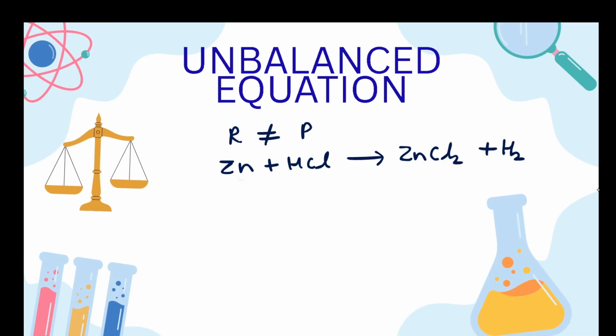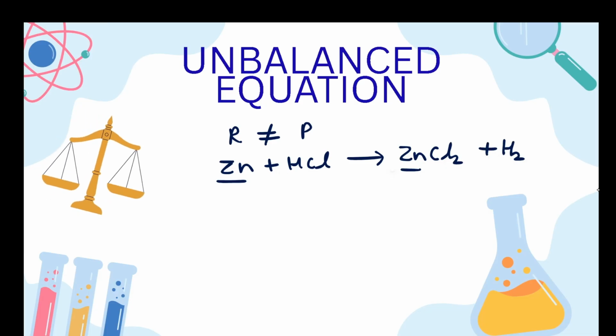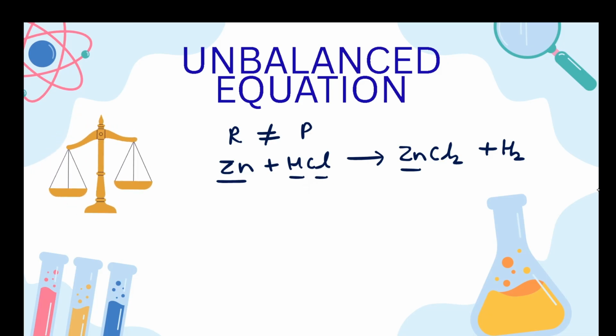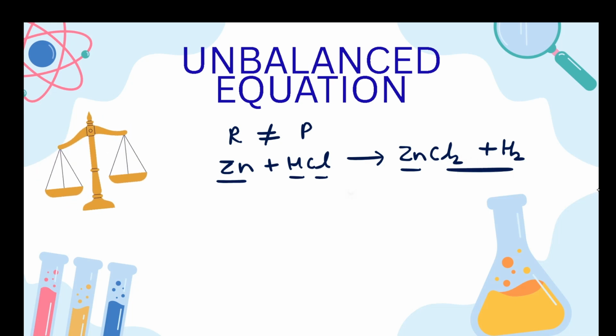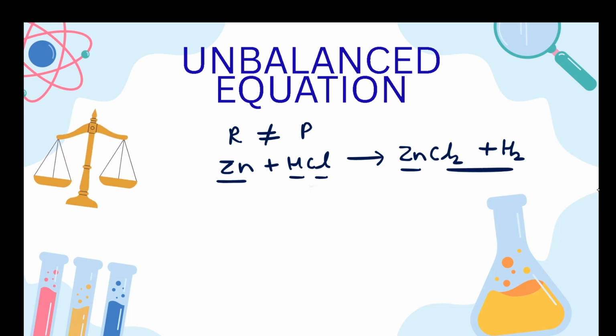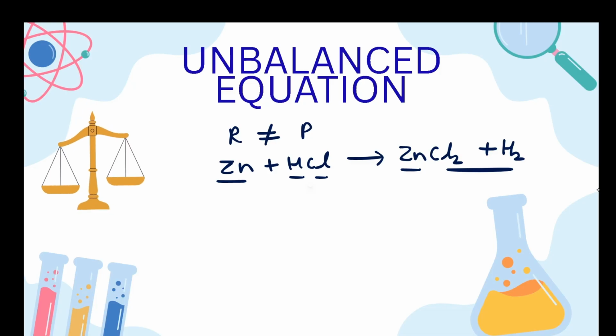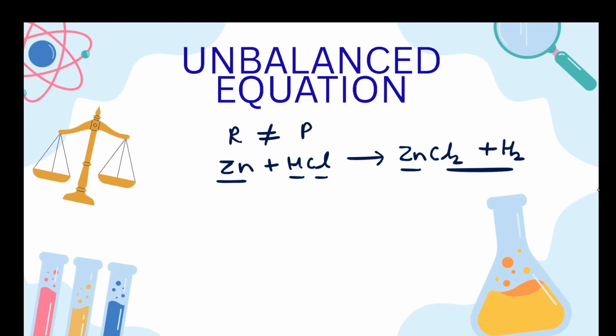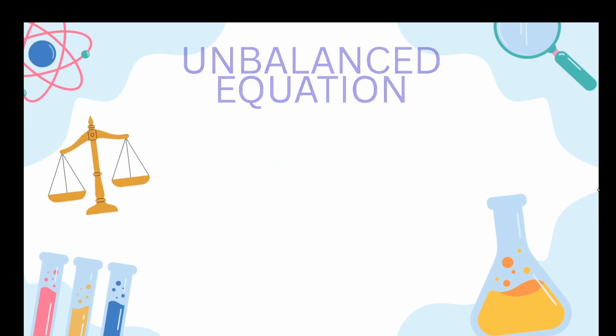Now in this case, zinc is balanced on both sides, but hydrogen and chlorine are not balanced, because in the product side, there are 2 hydrogen and 2 chlorine atoms. So an unbalanced equation is one in which the number of atoms of an element on the reactant side is not equal to the number of atoms of that element on the product side.